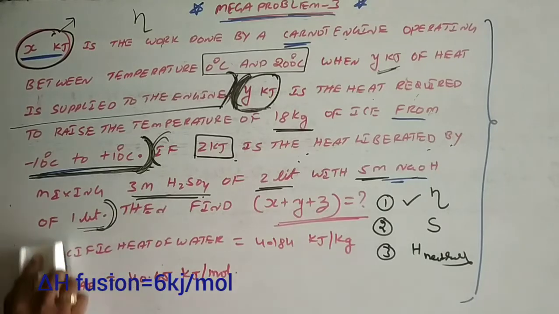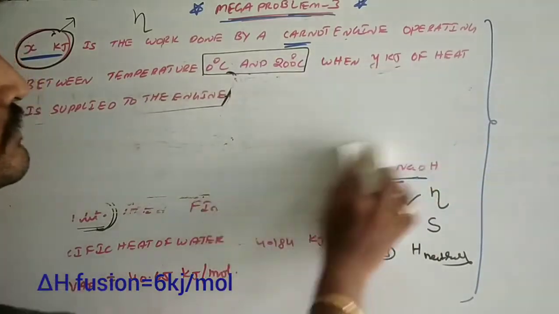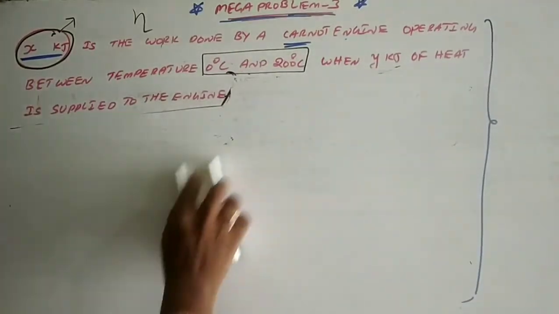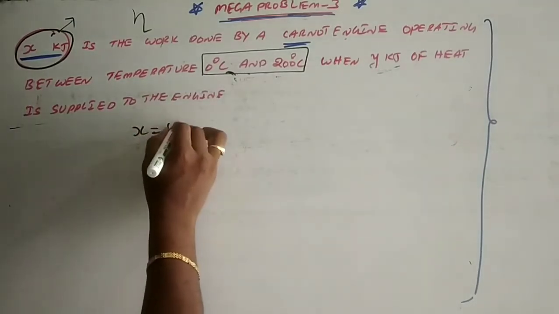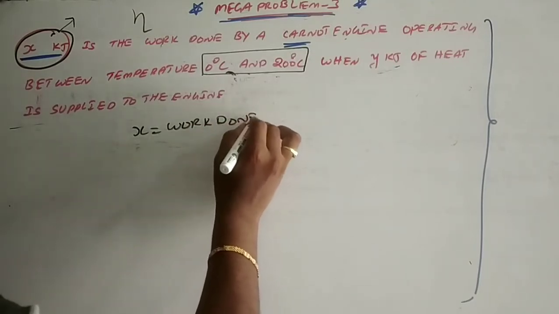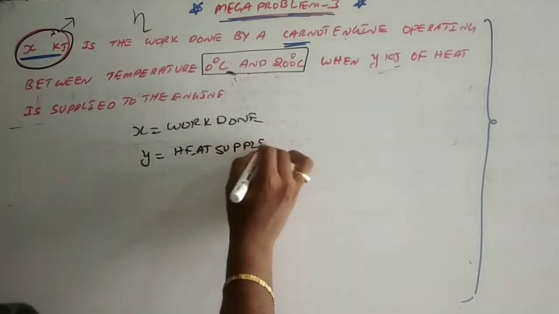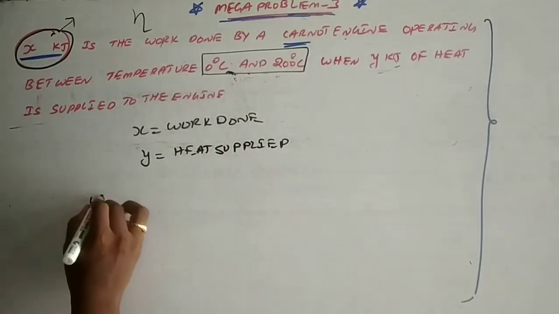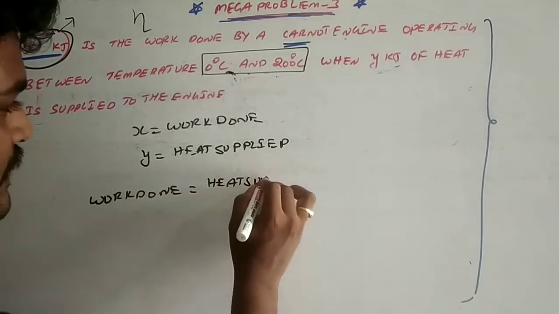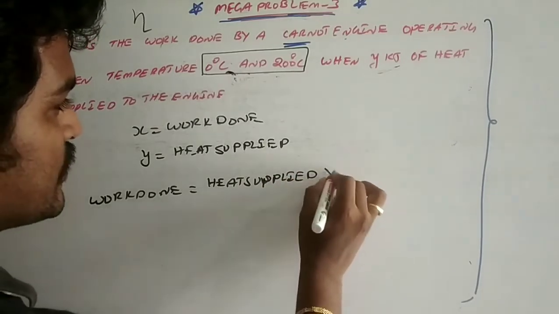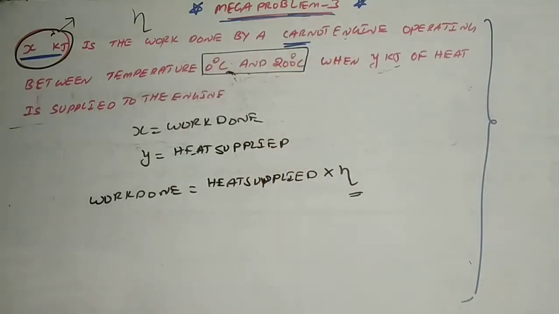Let us see the first part. In this part, X equals work done, Y equals heat supplied. Always remember, work done equals heat supplied into thermodynamic efficiency, or efficiency of the Carnot engine.